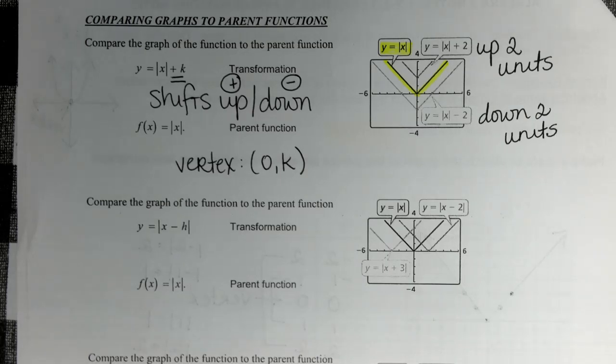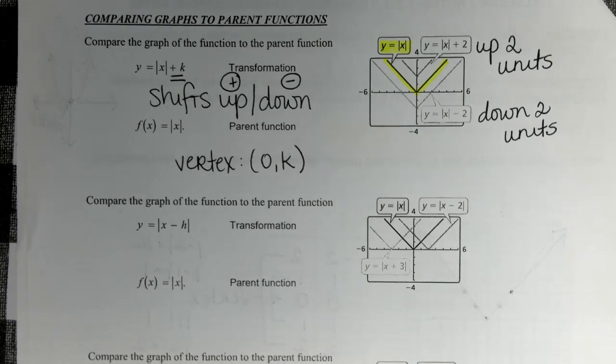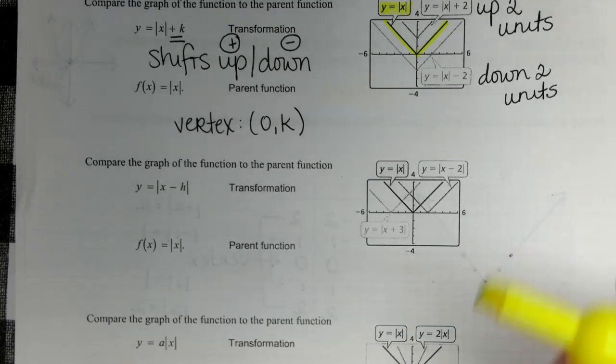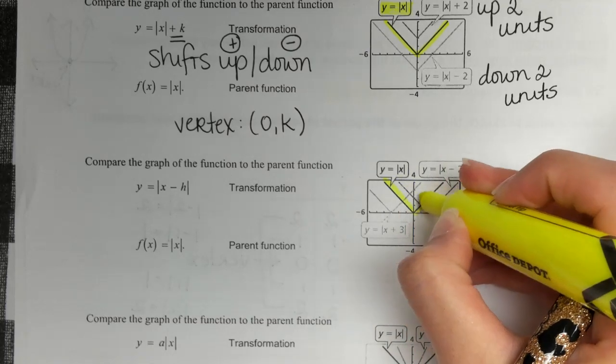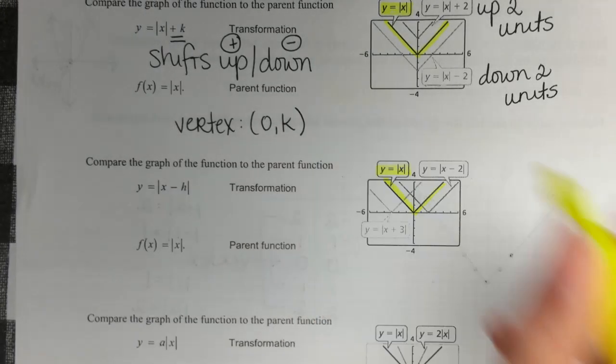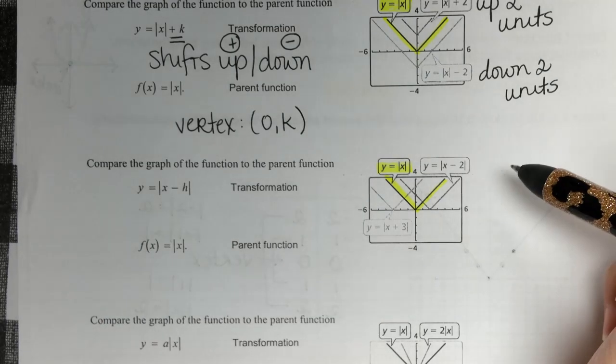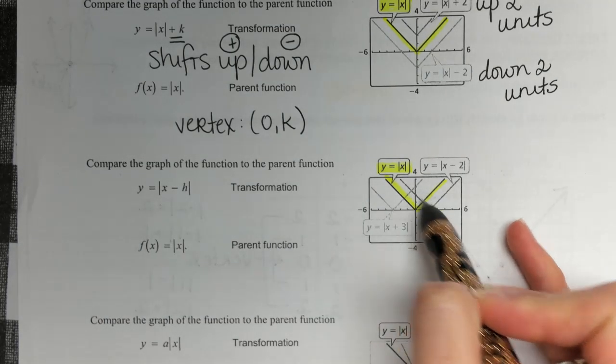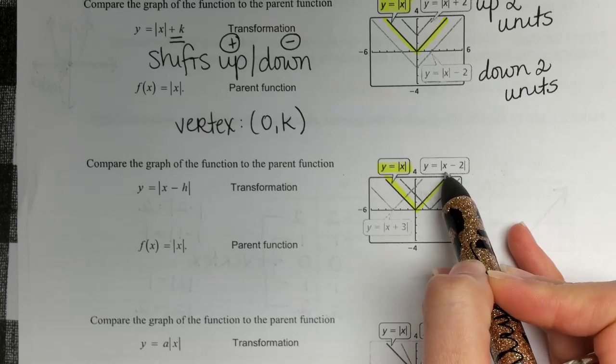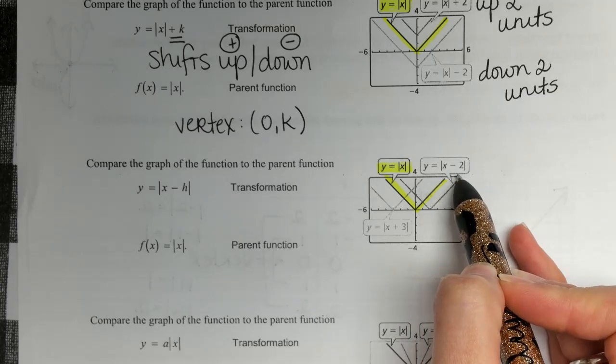Okay? So now if you look at the next set of transformations, I've got my parent function again in the middle, going through the origin. And then if I look at this right one, I've got the absolute value of x minus 2, with the minus 2 inside the absolute value bars.